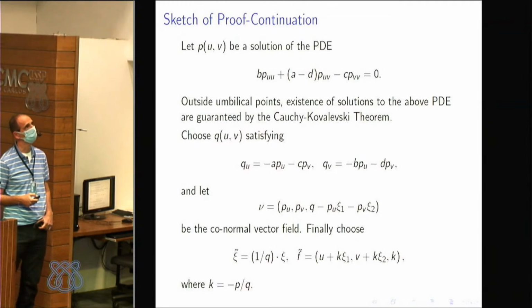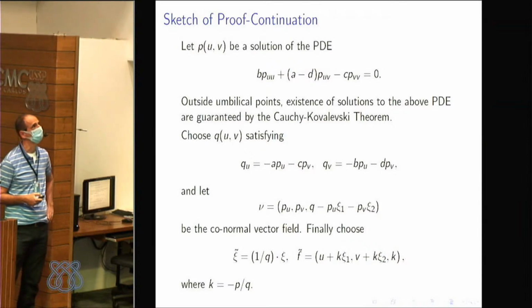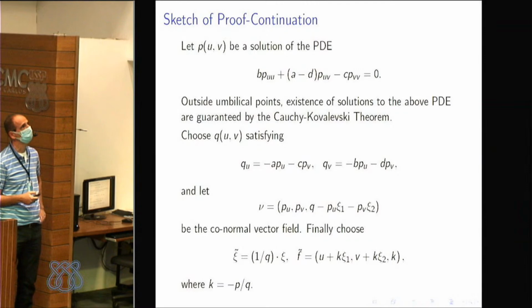But outside umbilical points, existence of solutions of the above partial differential equations is guaranteed by the Cauchy-Kovalevskaya theorem. With such a p, you can construct q by these equations and define the conormal vector field by these expressions here. Choose a multiple of ξ, which is ξ tilde, and a different surface, not the original one, but this other surface.